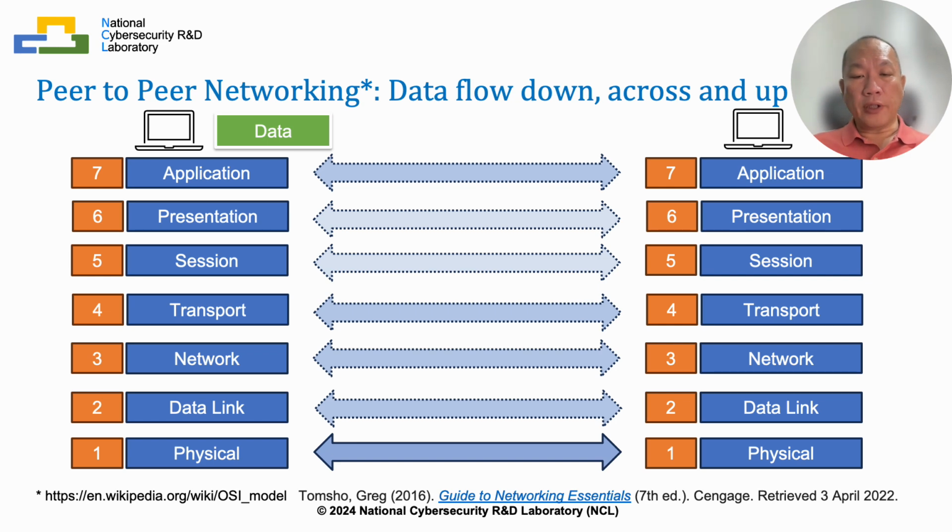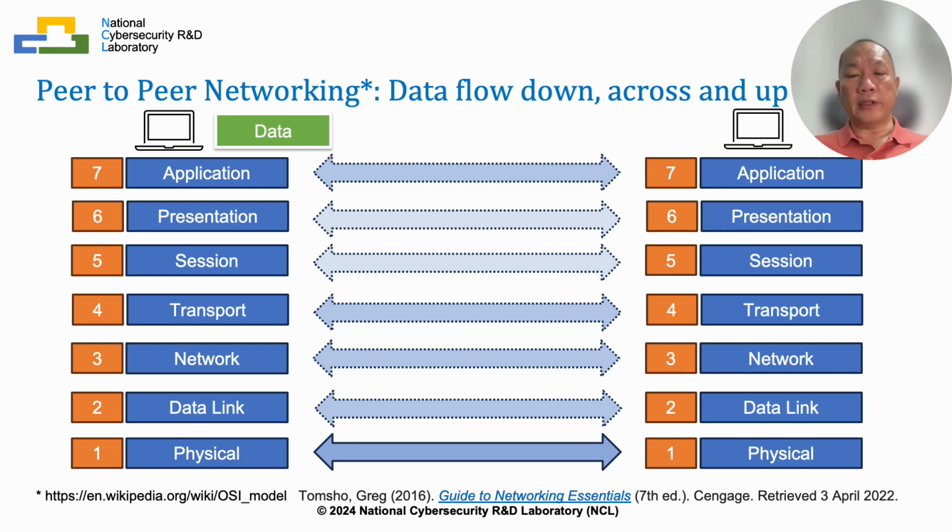The application layer will talk to the application layer, the presentation to the presentation, the transport to the transport, network to the network. You don't have one machine or device where the application layer talks to the transport layer. No, it doesn't work that way, right? It doesn't talk to a non-peer. The peer is the same layer. That means you only talk to the same layer, right?